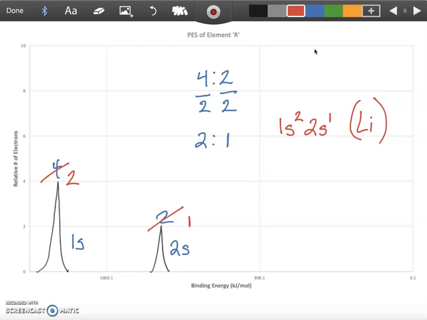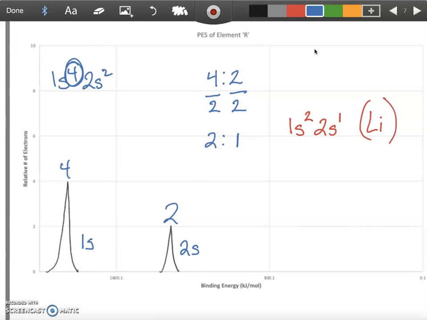Really, it is just a common sense check, because if you were to write this spectrograph without doing the ratio scaling, you would quickly see that if you try to do 1s4, 2s2, something isn't looking right here, because there's no way an s orbital could have more than 2 electrons.